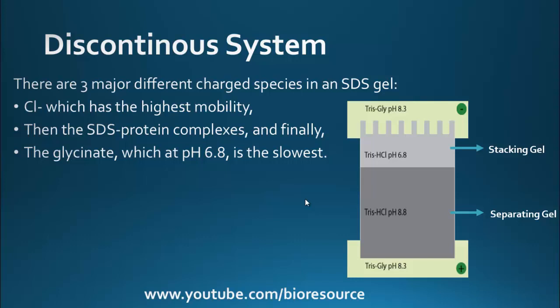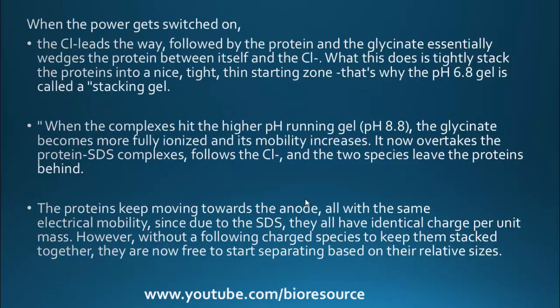So that's the reason when it enters the pH 8.8 gel, it becomes fully ionized and moves faster, leaving the protein behind. And the protein will get separated truly based on the molecular weight due to the sieving nature of acrylamide.